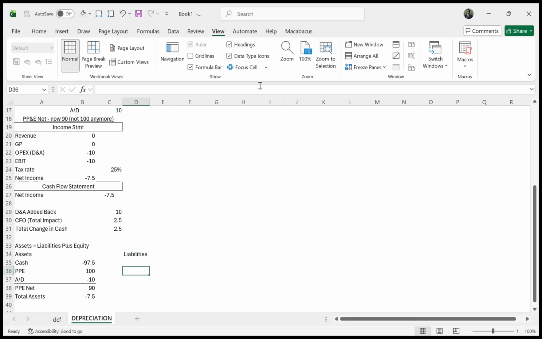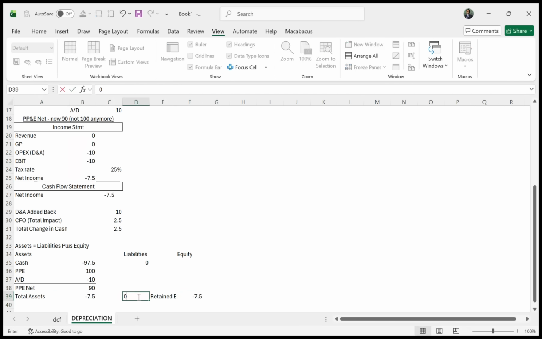Liabilities, nothing, no impact. Equity, what did I say earlier? Retained earnings. That would be this net income right here, which we calculated step by step. These always have to balance, right?